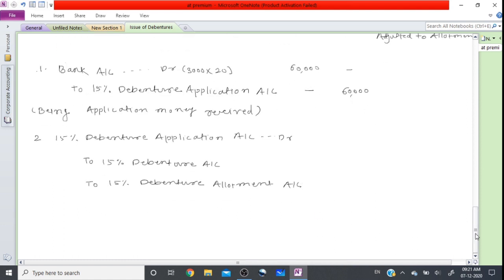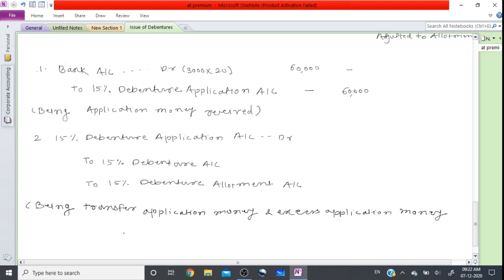Then write the narration: being transfer application money and excess application money adjusted to allotment account.